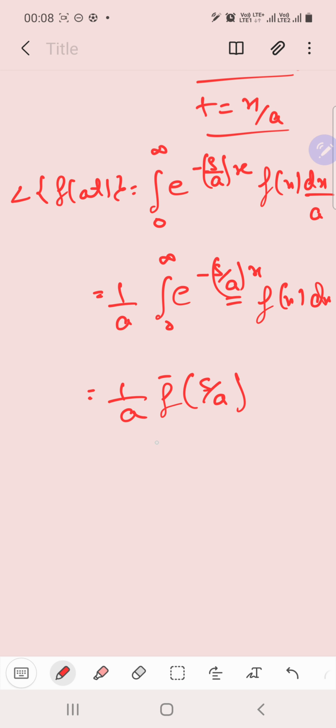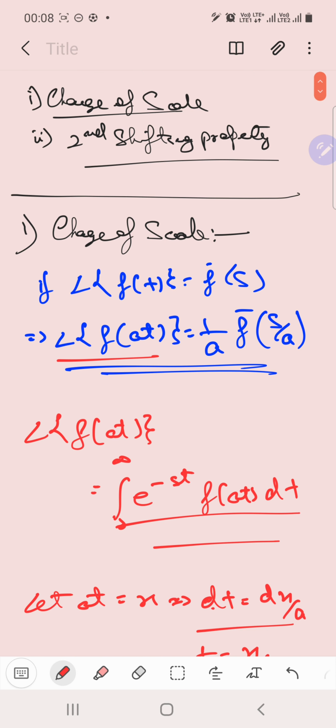See, here you have s over a. Clear? So this is the proof of the shifting property. Got it? Shifting property of Laplace transform.